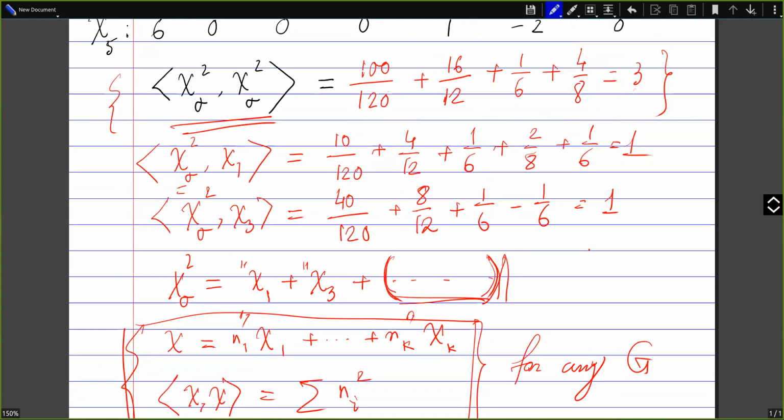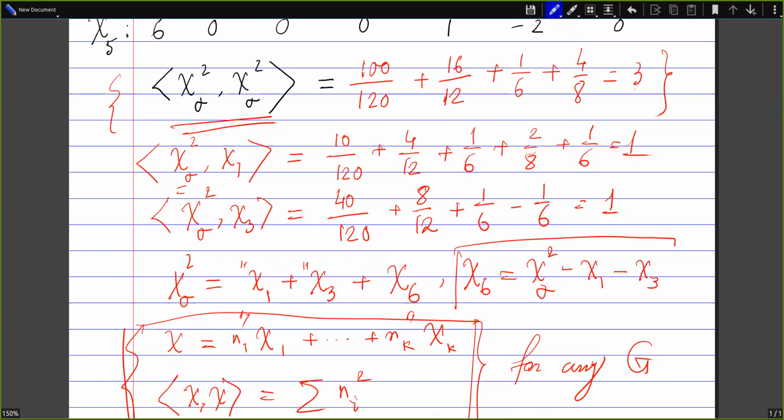So thus we have an irreducible character here. Let's call that chi 6. So chi 6 is defined as chi sigma square minus chi 1 minus chi 3. So this is how chi 6 is defined.